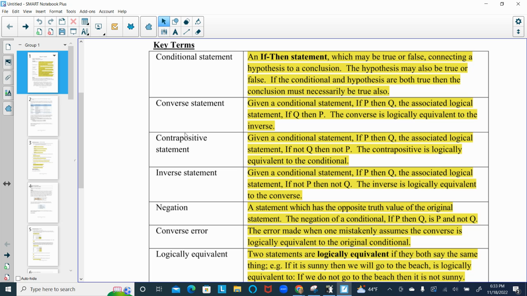The inverse statement does not swap anything, but it changes both the hypothesis and the conclusion to the opposite, or the negation. And then the contrapositive is a combination of both. It swaps the hypothesis and conclusion and applies the negation. So I'll show you some examples of this in a minute because it won't make a whole lot of sense until you see an example.